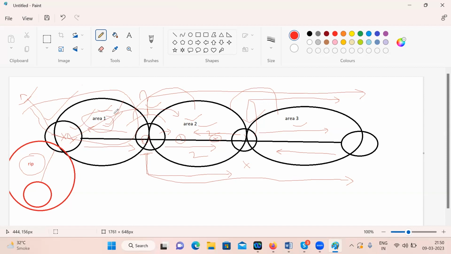Who is the ABR of this area? This router, router 2. It will flood type 4 LSA in every other area, informing every other router who the ASBR is and what the router ID of the ASBR is.